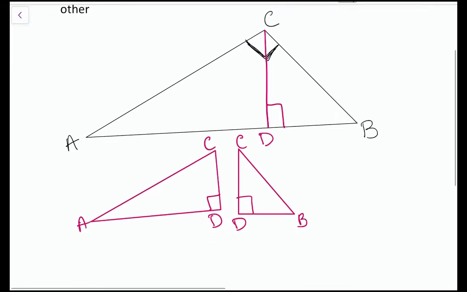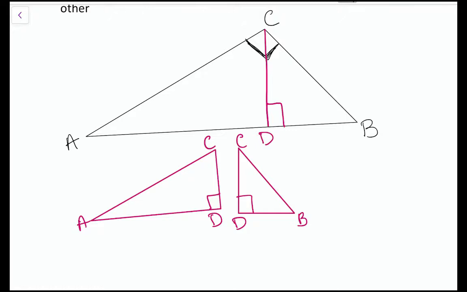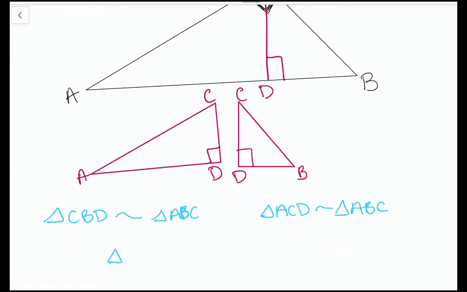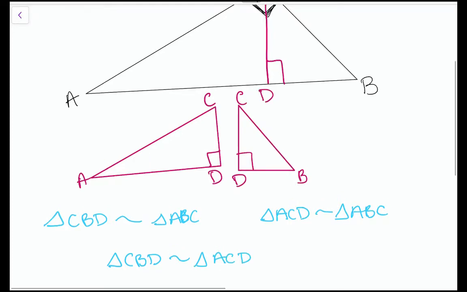So now we're going to discuss what the triangles specifically are similar. So I'm going to write the similarity statement. So triangle CBD is similar to triangle ABC, and triangle ACD is similar to triangle ABC, and triangle CBD is similar to triangle ACD.